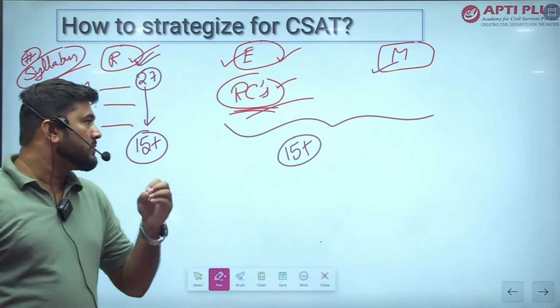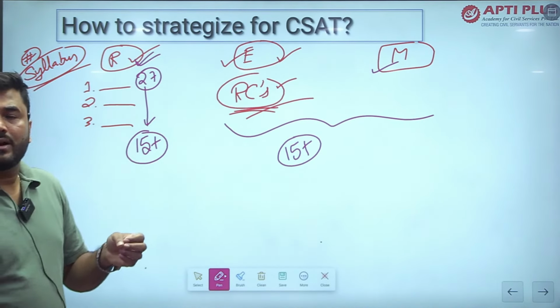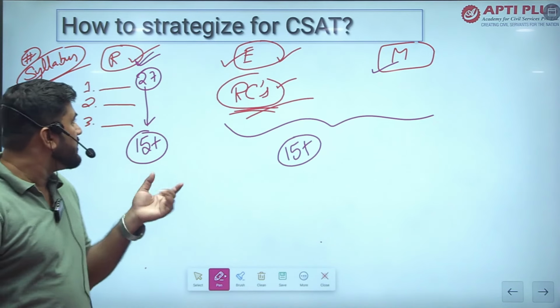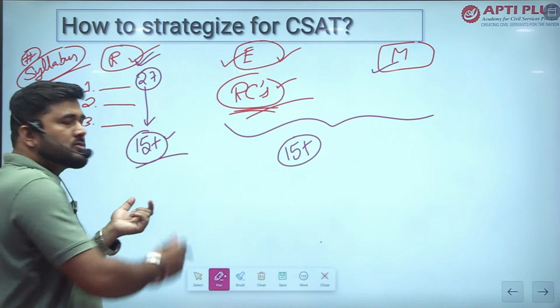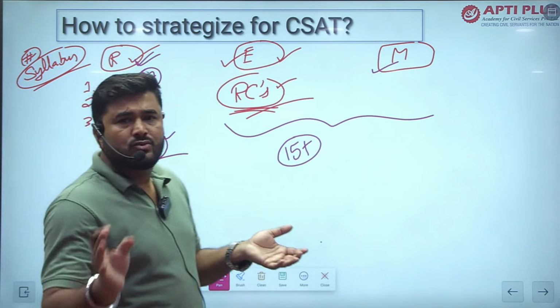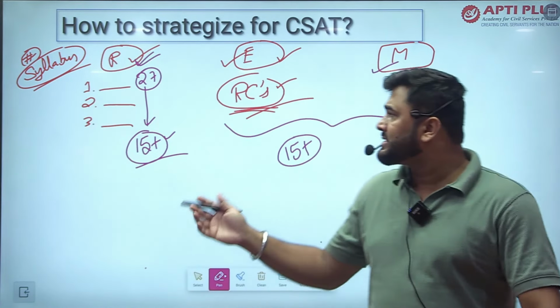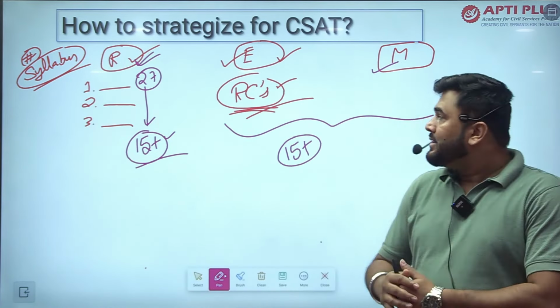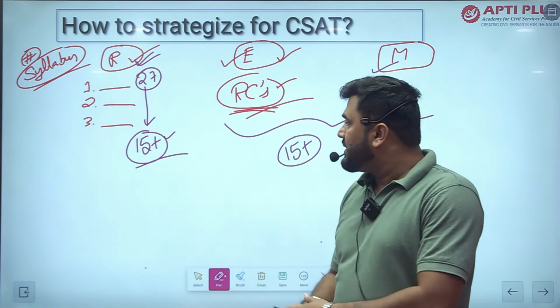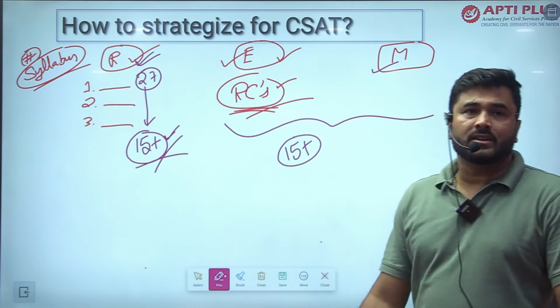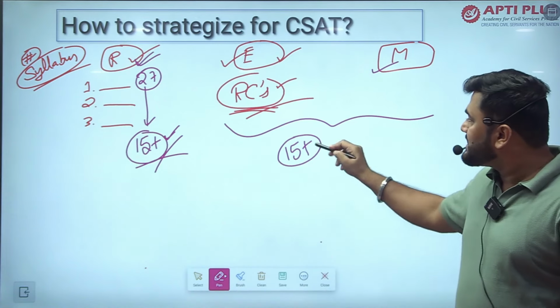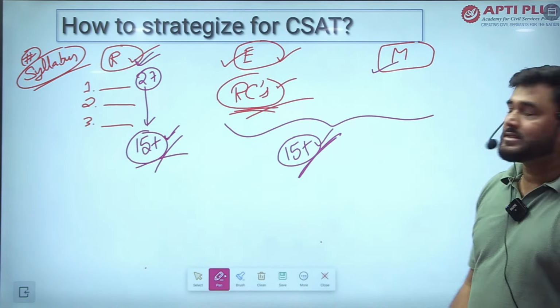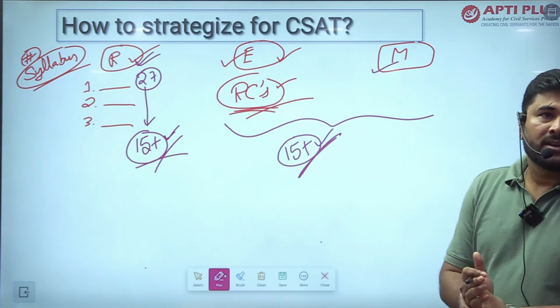All of you who are watching this video are very capable of doing 15 plus questions correctly in reasoning. Every basic student can do that. So if anyone gets 15 plus in the reasoning section, then from English and maths you just have to get 15 plus questions correct in these two sections.